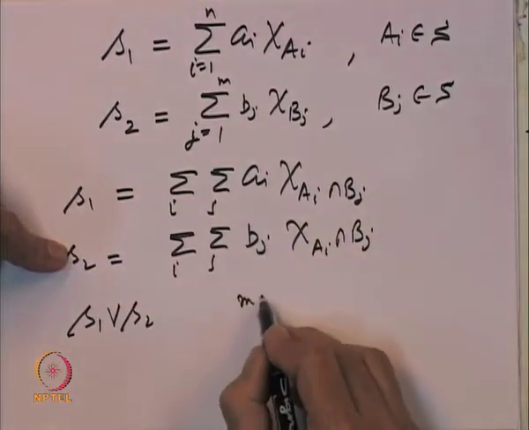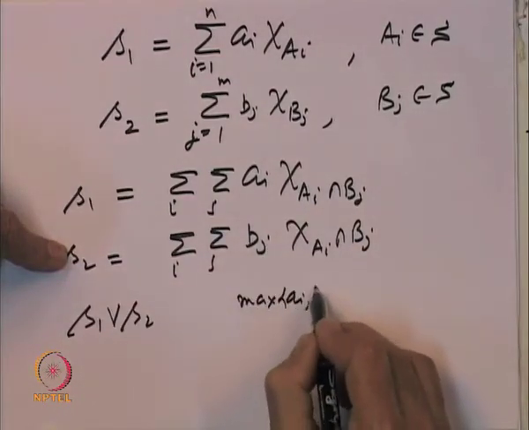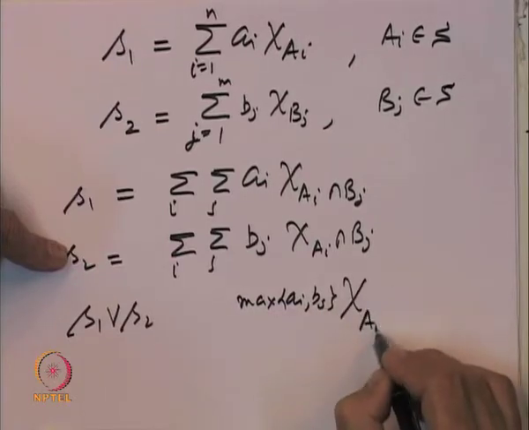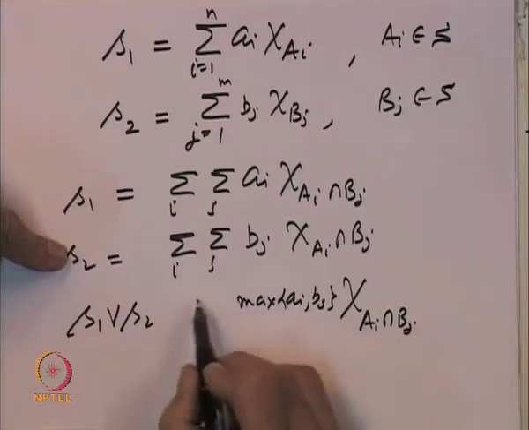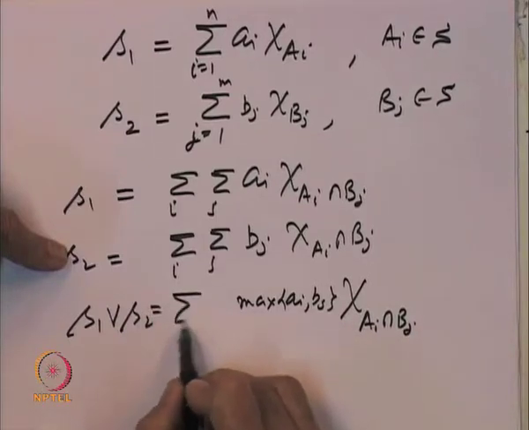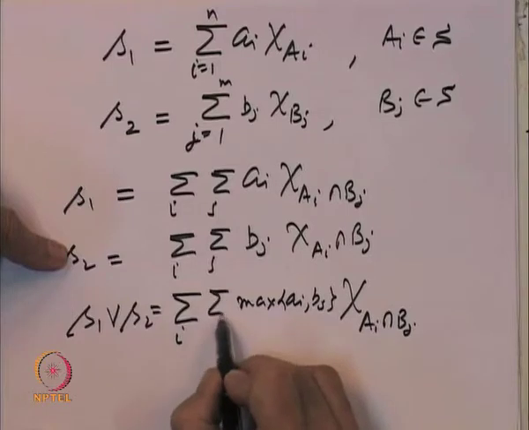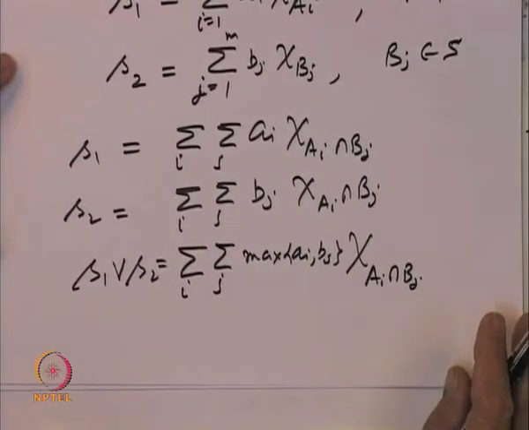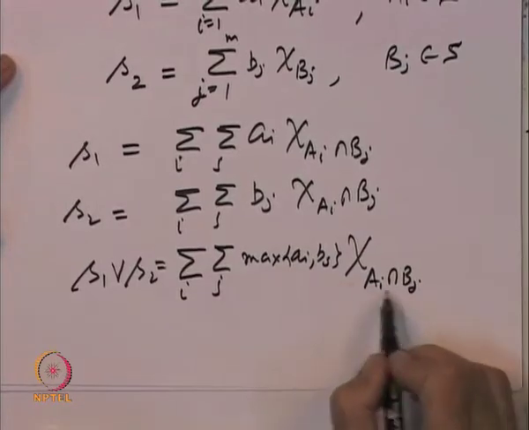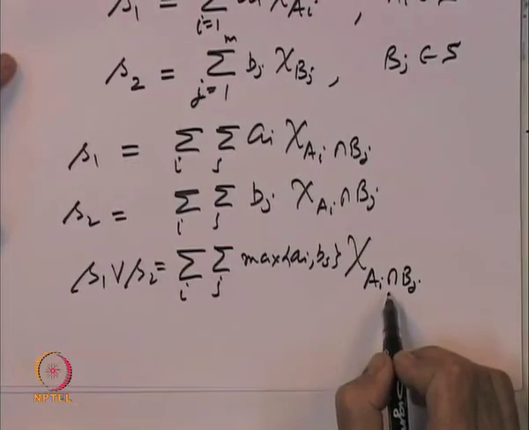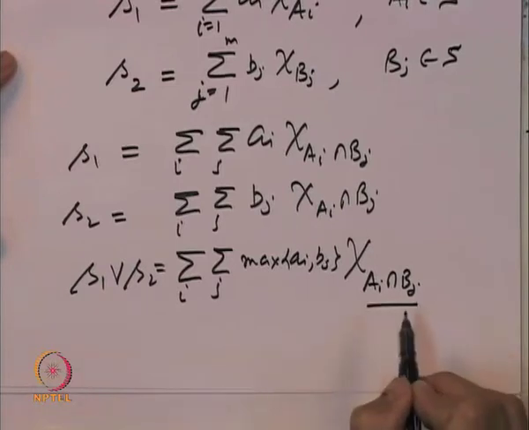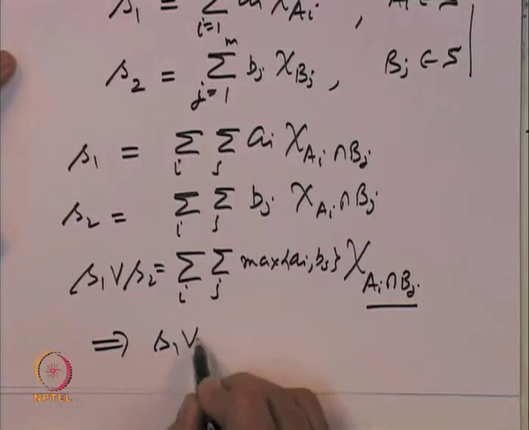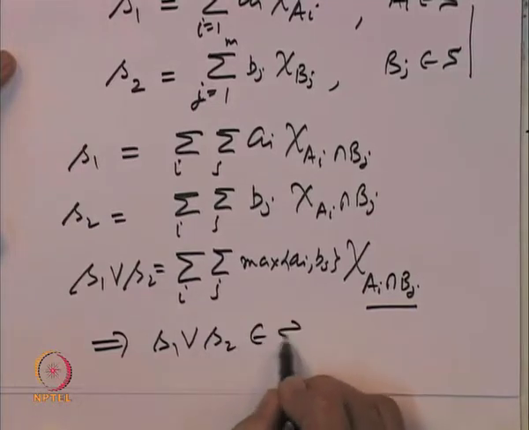So, it is maximum of a_i, b_j if x belongs to a_i intersection b_j. So, S_1 V S_2 is nothing but summation over i, summation over j of this. And this is once again a finite linear combination of characteristic functions, where the sets involved are in the sigma algebra. So, this will imply S_1 wedge S_2 belongs to S.